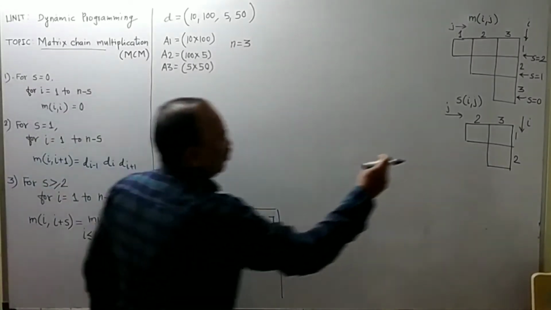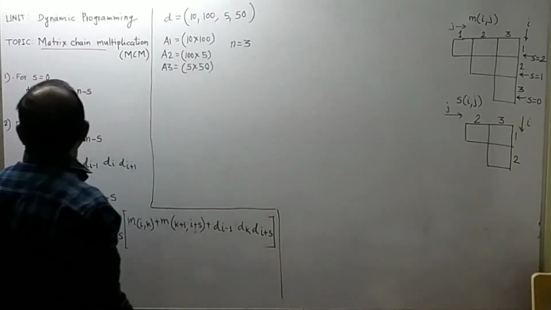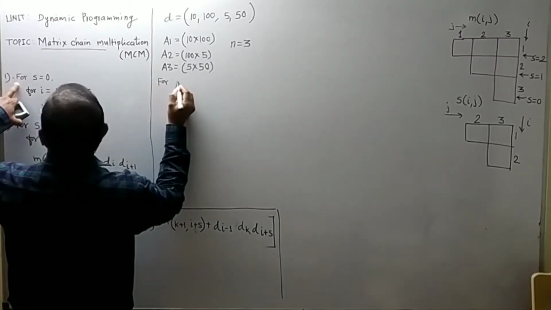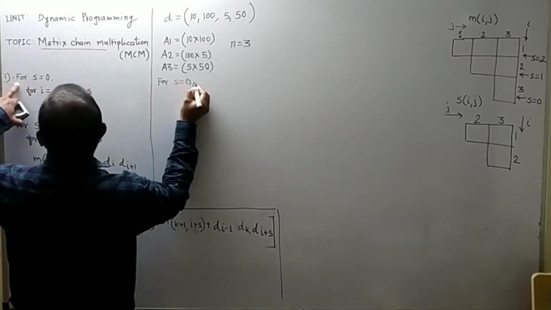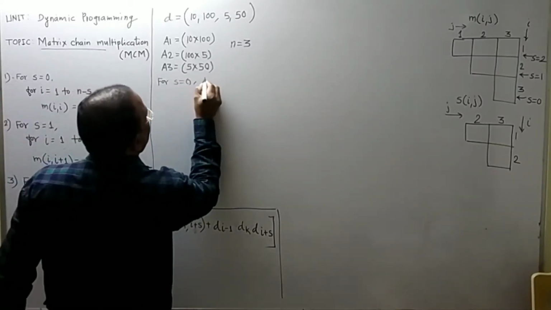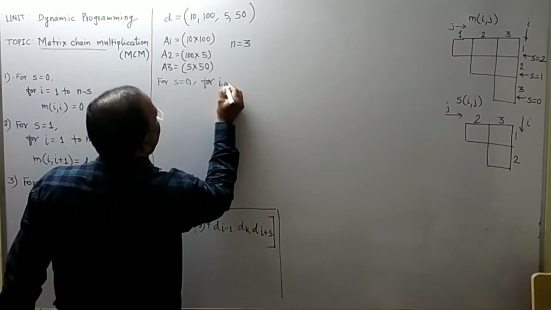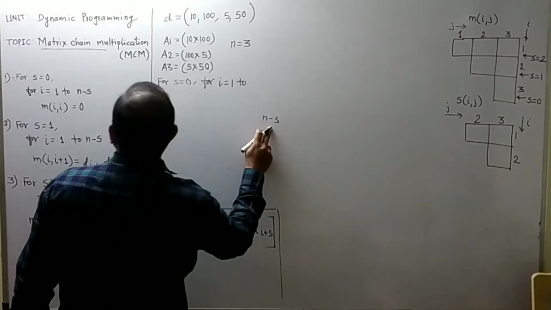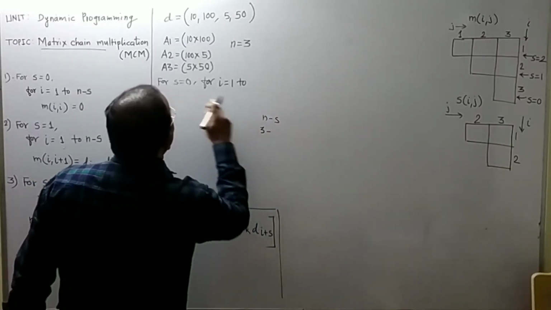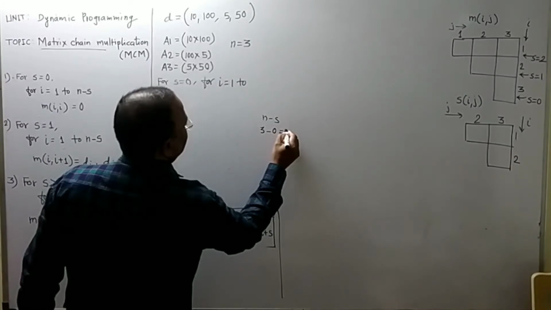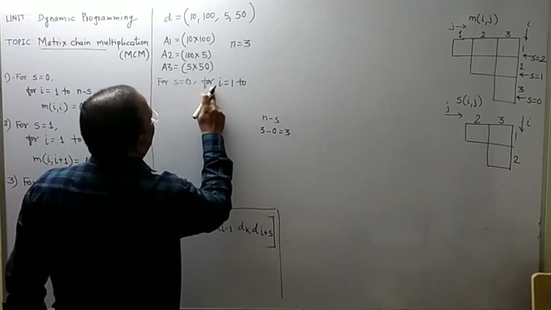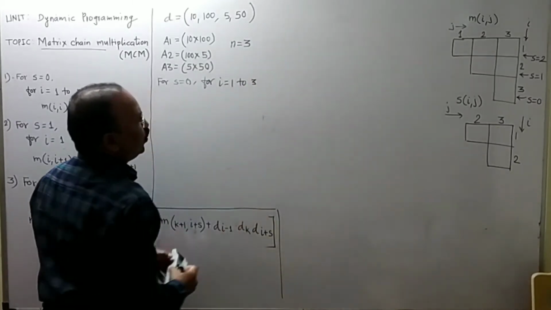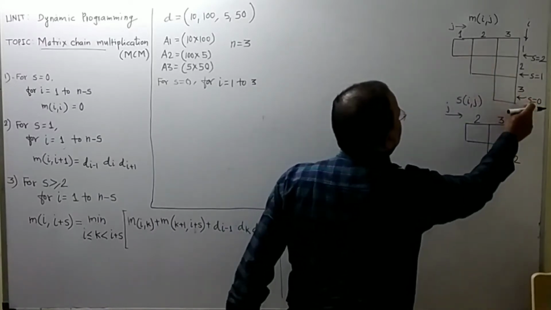Now let us start from s is equal to 0. For s is equal to 0 we have the formula, for I varies from 1 to n minus s. Now here n is 3 and s is 0, so n minus s is 3. So for I is equal to 1 to 3, you will get 3 cells for s is equal to 0.